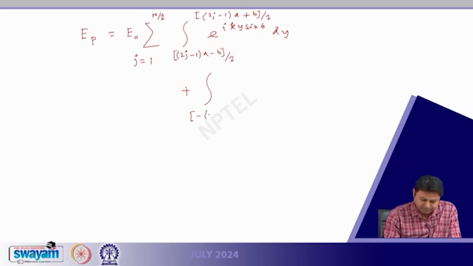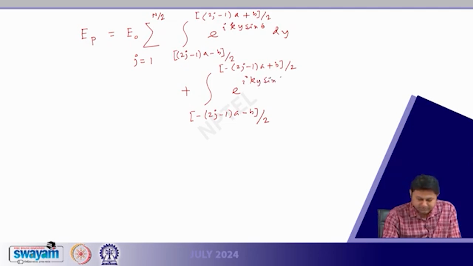So, minus of 2 j minus 1 a minus b divided by 2, and it should be minus of 2 j minus 1 a plus b divided by 2, and the same integral e to the power of I k y sin theta dy. So, that is the form of the integral we have.